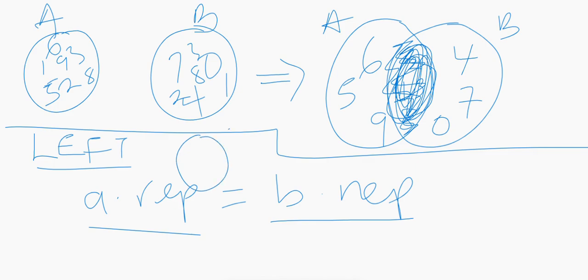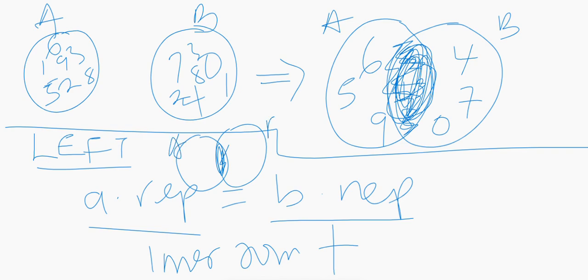This is inner join. So left join means give me the inner join plus what is left on A. He's on my left. What is left on A? So give me this one too, the remainder of A.